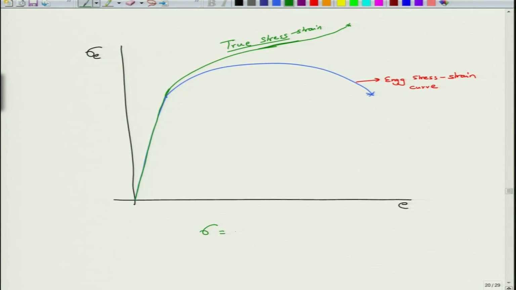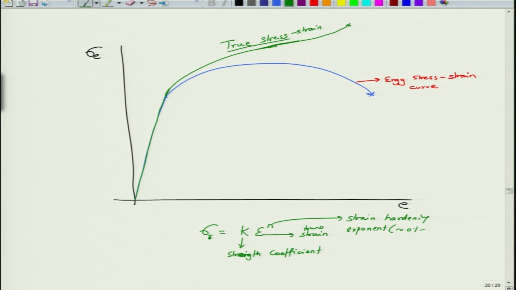This true stress behavior is given as sigma equals K into epsilon to the power n, where K is the strength coefficient, epsilon is the true strain, n is called the strain hardening exponent, which is generally equal to 0.1 to 0.5, and sigma is true stress.